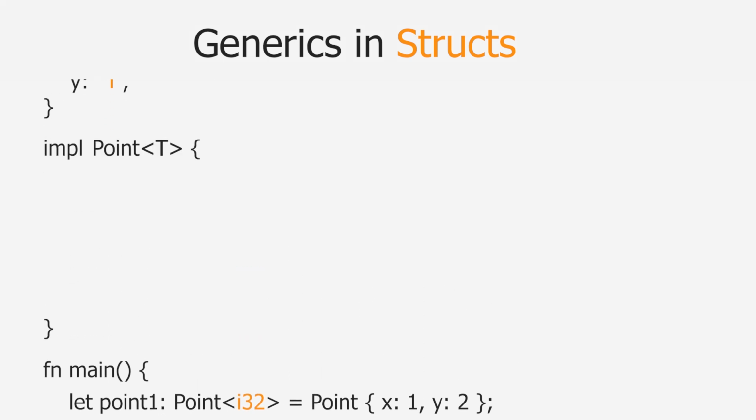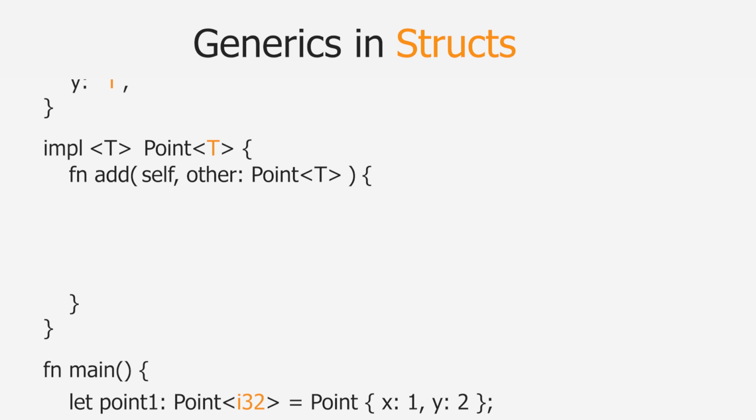We can also have the implementation block for this struct. This impl block needs to know that the generic T is used here. So T has to be introduced here first. So this means implement for any type T in Point struct using T. Then we can create an add function which will add another point with self and return the result as a Point.